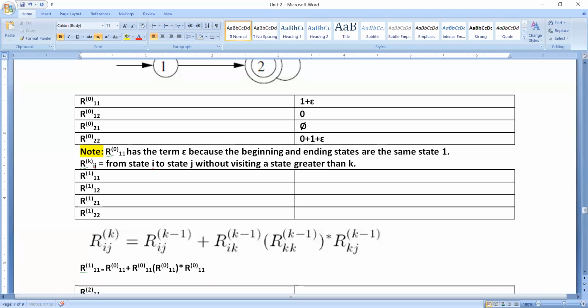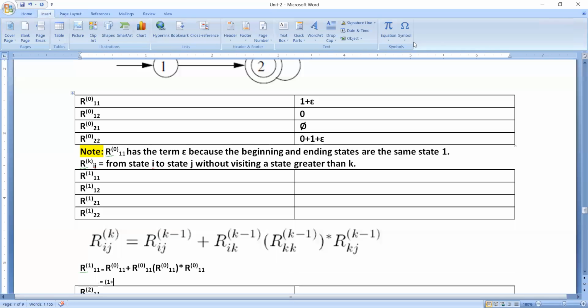Now we need to simplify this. In the above table we already found the value of r power 0 1 1. You can see it is 1 plus epsilon. So I am taking 1 plus epsilon, then plus. Now we need to look at this part. What is r power 0?